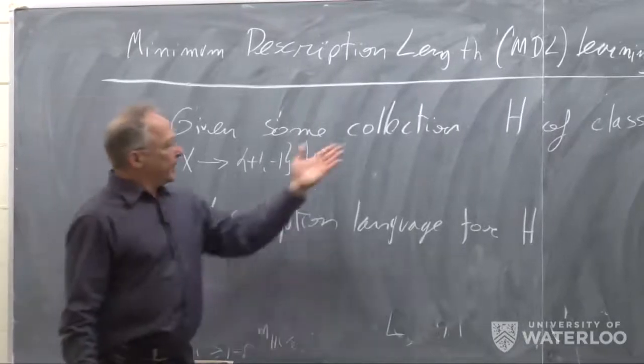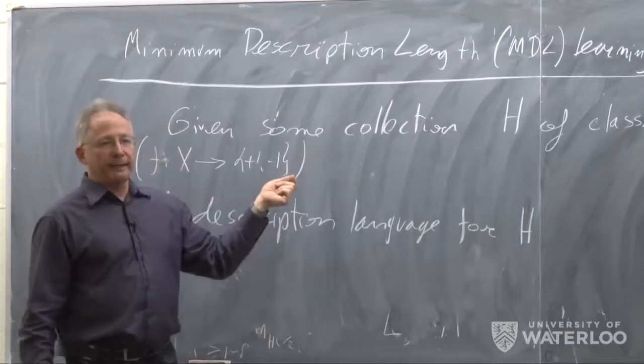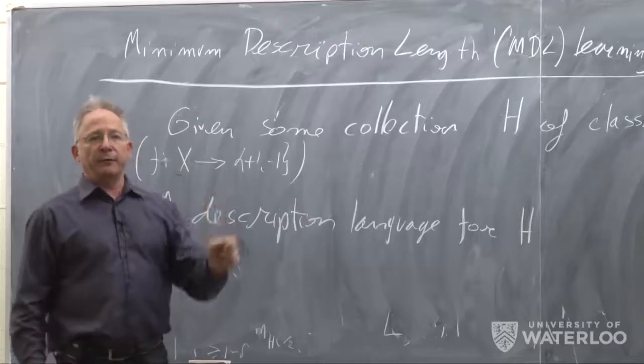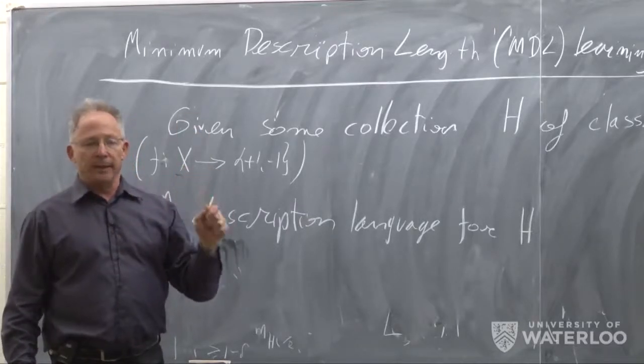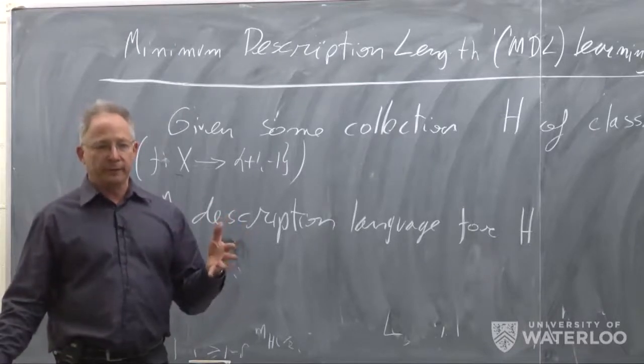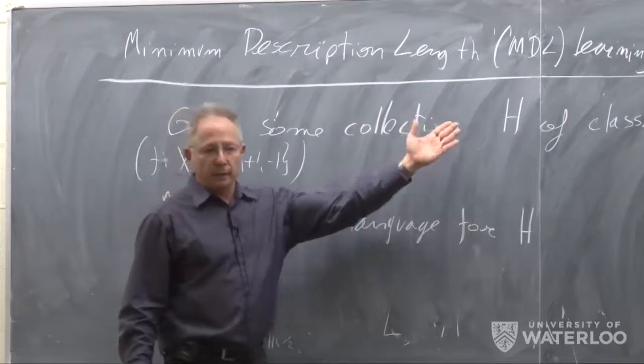Now think of it: if x is finite, I can describe a classifier by giving you a table. For every x, what will be the label? But if x is infinite, I cannot give you such a table because the table will be infinite. So I want to pick a way of describing those h's.